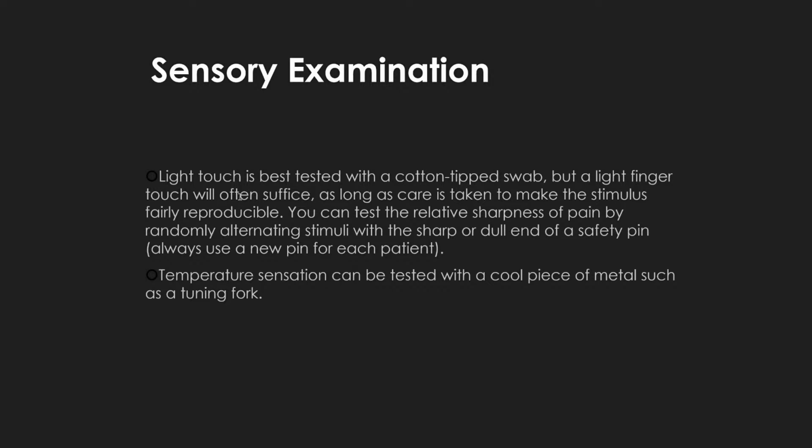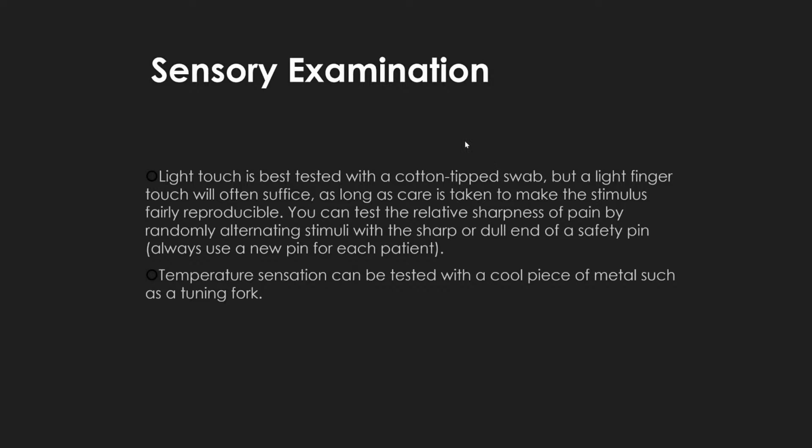Light finger touch is only acceptable, not anymore, because if you want to measure the extent of sensory deficit for a diabetic patient, you will not be able to do quantitative measurement. You can at least take a toothpick and bend it into an L-shaped form, so it looks like a little hatchet, like a little hammer. So this makes a better and more accurate dosage of stimuli all the time.